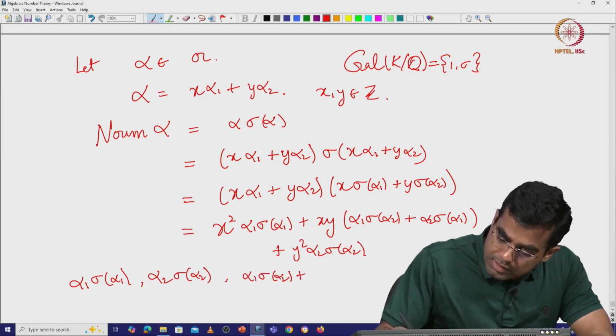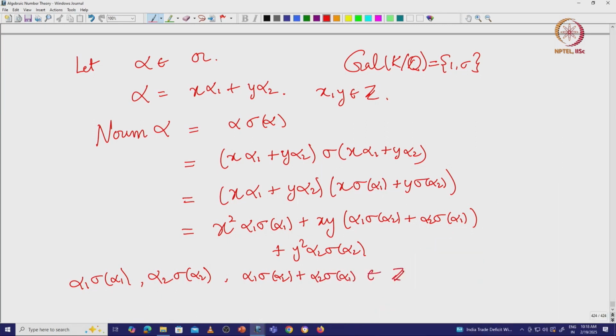Now, notice that alpha 1 sigma alpha 1, alpha 2 sigma alpha 2 and alpha 1 sigma alpha 2 plus alpha 2 sigma alpha 1 are all in Z, as they are fixed by sigma.